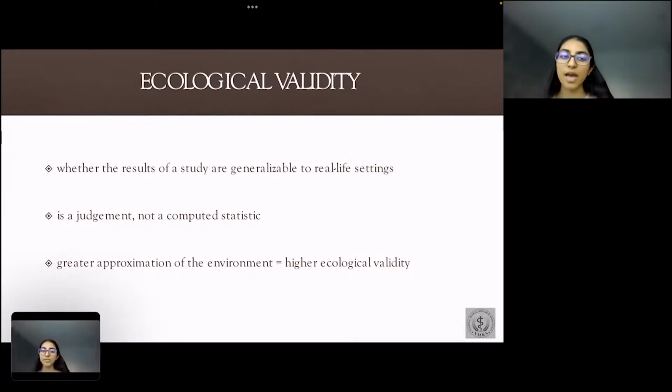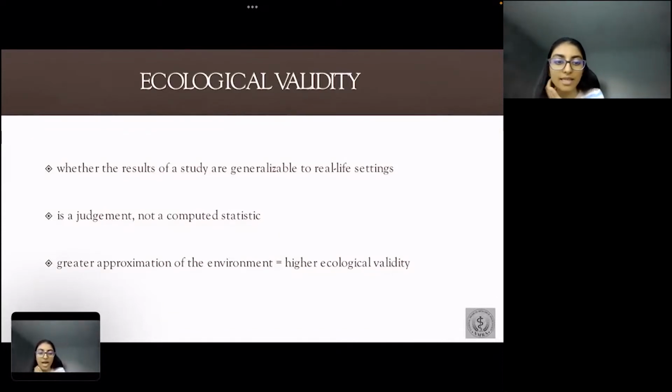So now in terms of epidemiology, an ecological study looks at outcomes and exposures on a population level where they have a specific thing in common, like geography. In medical research, ecology usually refers to a specific medical environment. So ecological validity specifically examines whether the results of the study are generalizable to real life settings.